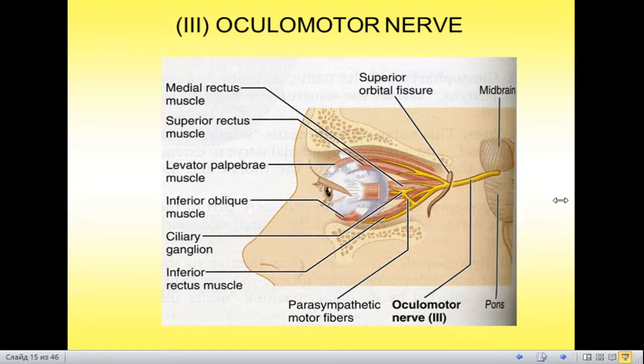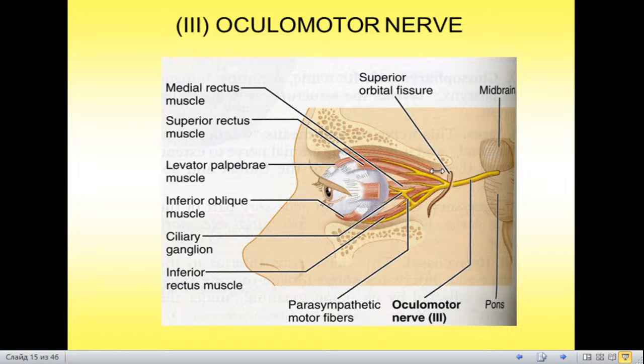Then the oculomotor nerve exits the brainstem on the medial side of the cerebral peduncle. After that it travels through the sinus cavernosus together with many nerves and the internal carotid artery. Then it exits the skull through the superior orbital fissure and divides into superior and inferior branches.